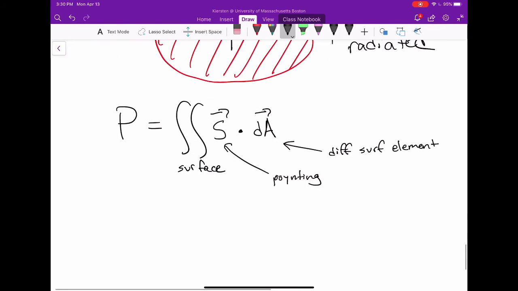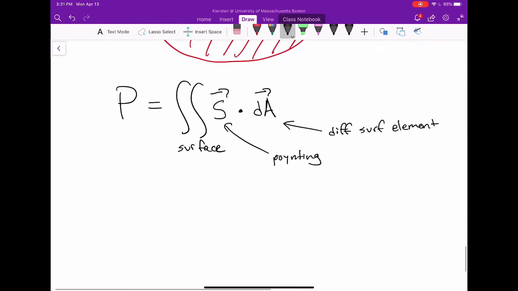Another important fact about the Poynting vector is if you are talking about power flow in lossy media, you know that the electric field in a lossy medium has a form kind of like this, where it's got an amplitude and it's got an e to the minus j beta z and an e to the minus alpha z, right?